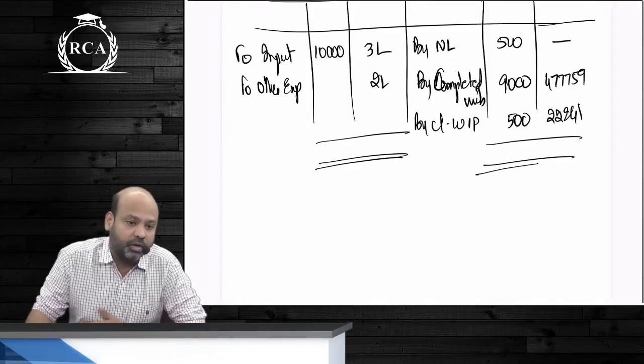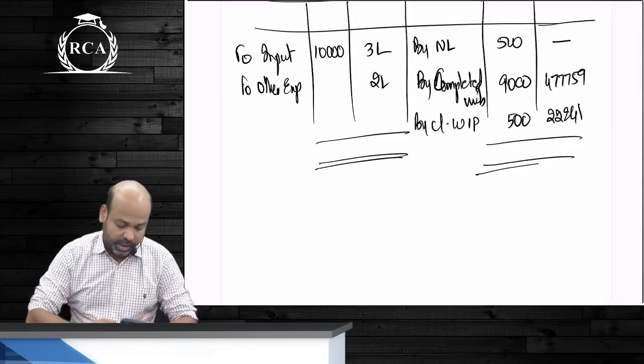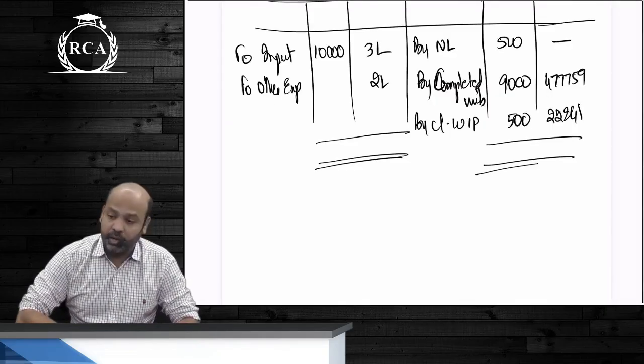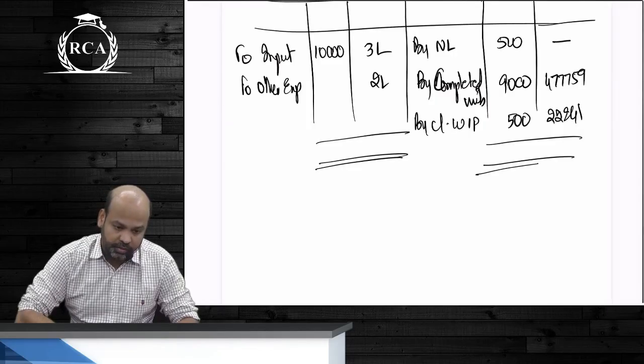The scrap value of normal loss should be adjusted to arrive at cost per unit.